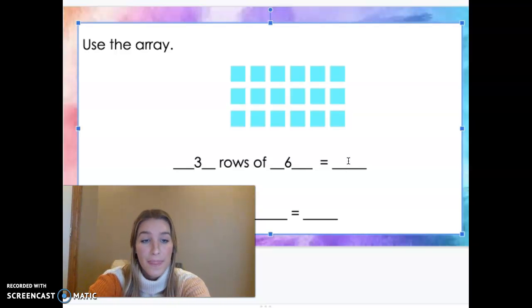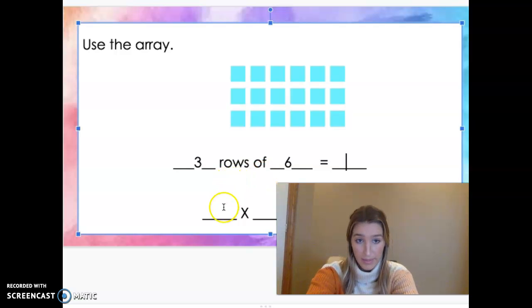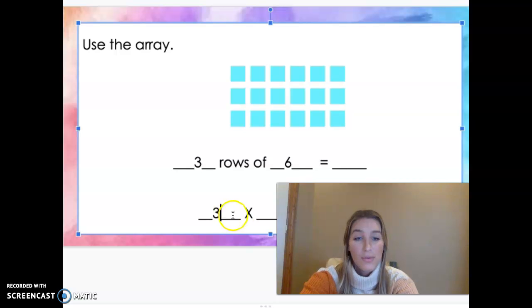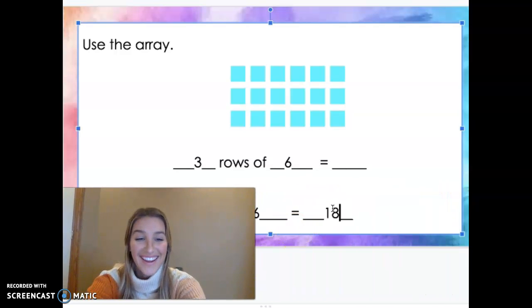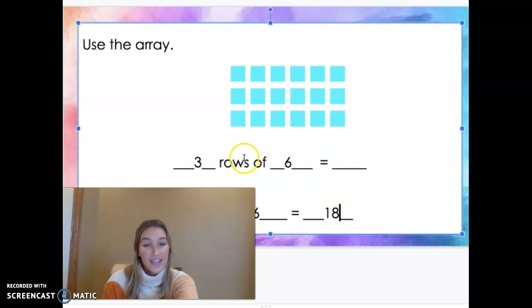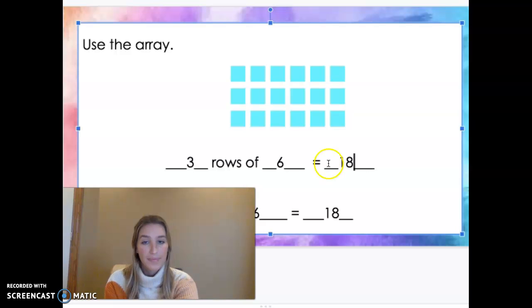So I know that when we're doing our multiplication problem, instead of adding them all up, we can say 3 multiplied by 6 equals 18. So then I know that 3 rows of 6 equals 18.